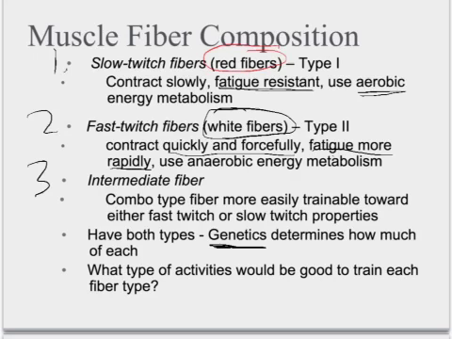And if you are a fast twitch person, it's probably going to be pretty difficult for you to have really good cardio or really good muscle endurance, simply because your muscles are more set up for hard, fast contraction of a powerful type, and they fatigue a little more easily.